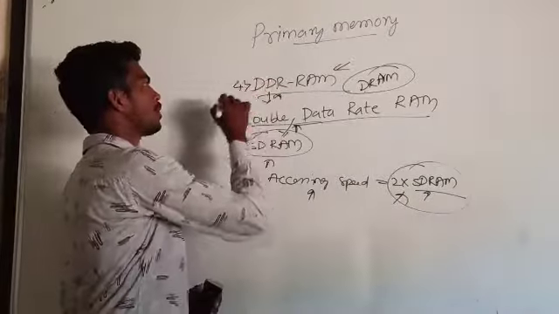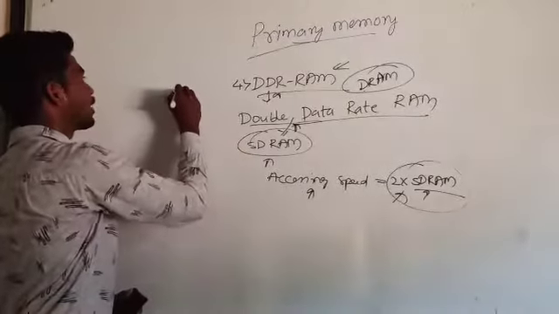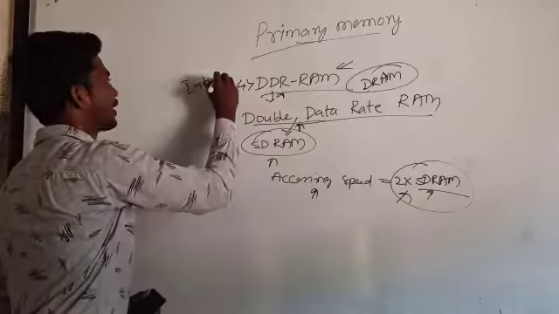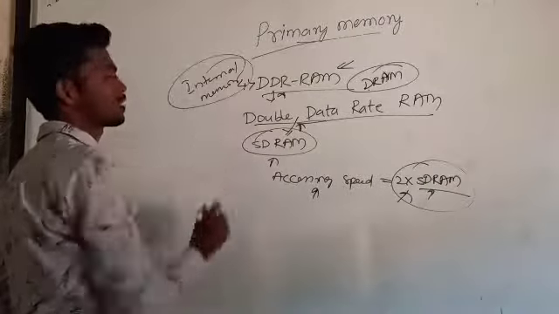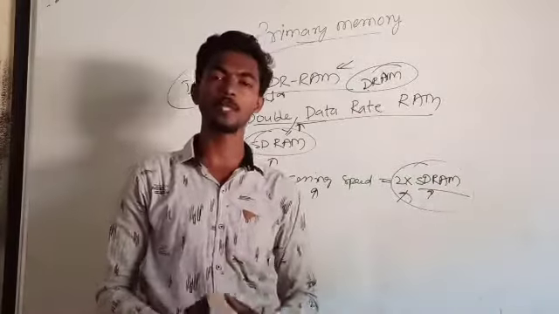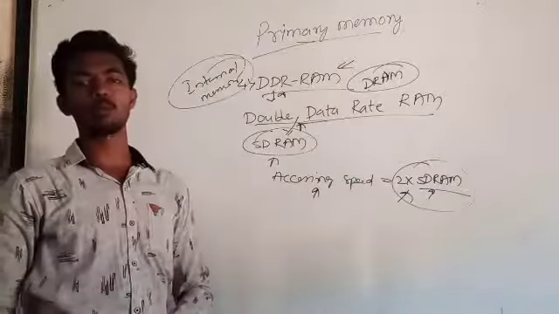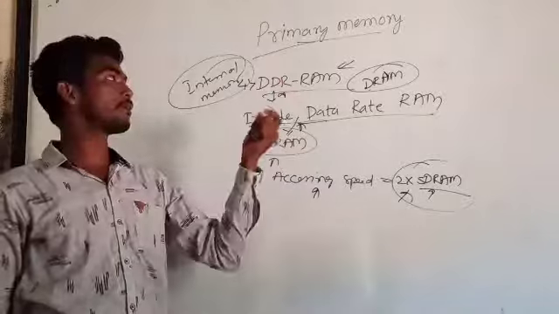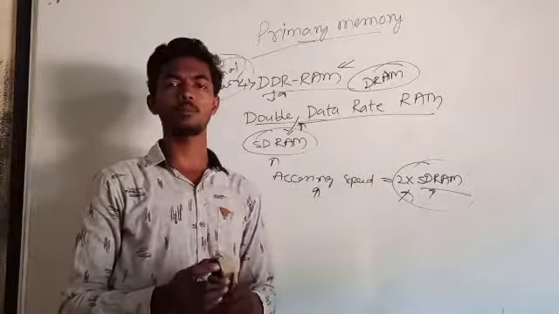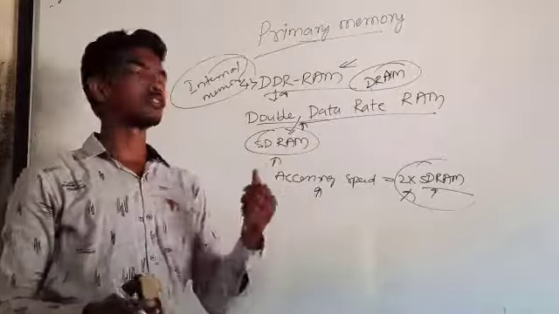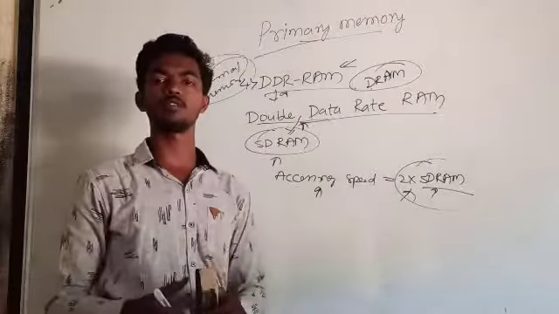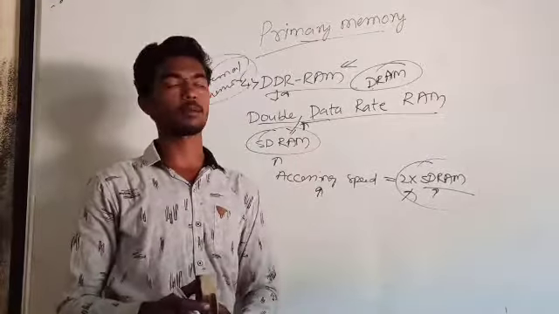This is all about memory, that is, only the internal memory. In internal memory, we have three different types: one is a register, one is a cache memory, and another one is a primary memory. In primary memory, you get two types of memories: one is RAM and another one is ROM. RAM is called a volatile memory, and ROM is called a non-volatile memory.